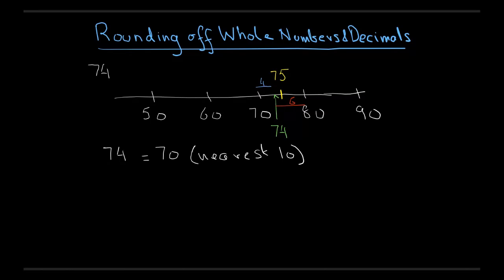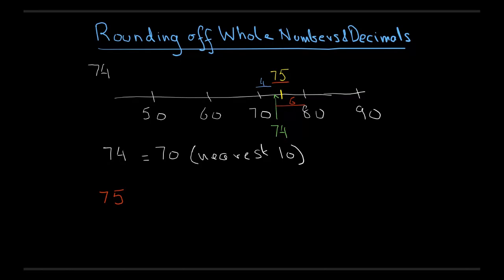Now please note, if I have a number like 75, let's think about 75. 75 would be smack in the middle. As you can see, this 75 is exactly halfway between 70 and 80.